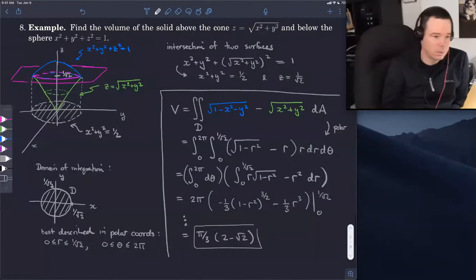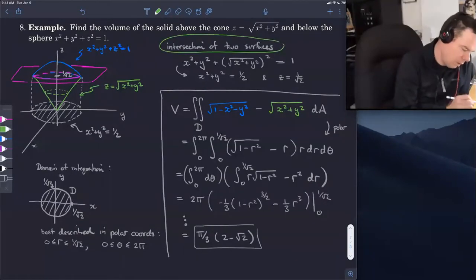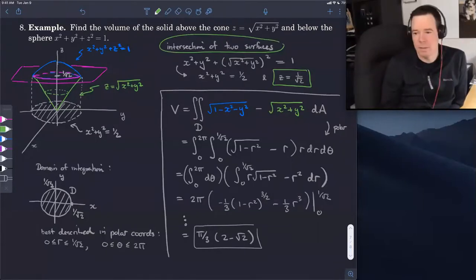Professor? Yes. I had a question regarding the sphere. It says find the volume of the solid above the cone and below the sphere. How do you know the sphere is peaking over the cone? That's why we did the intersection here. So when we did the intersection of the two surfaces, what we found is that that intersection happens at a height of z equals 1 over root 2.